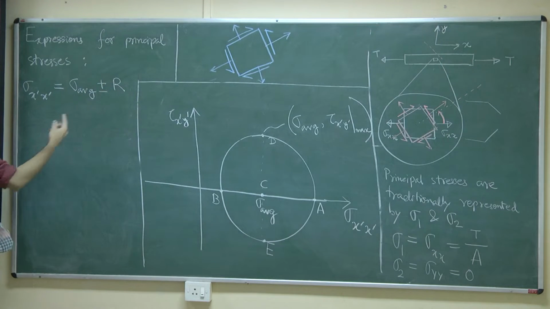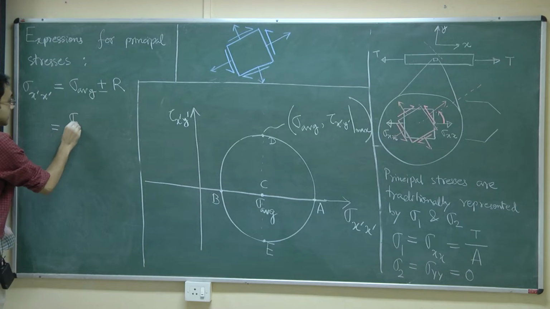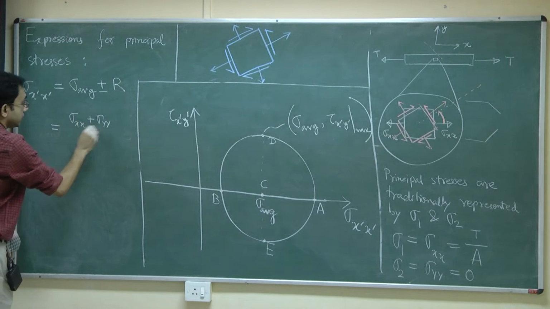And this in explicit form is nothing but sigma xx plus sigma yy by 2.